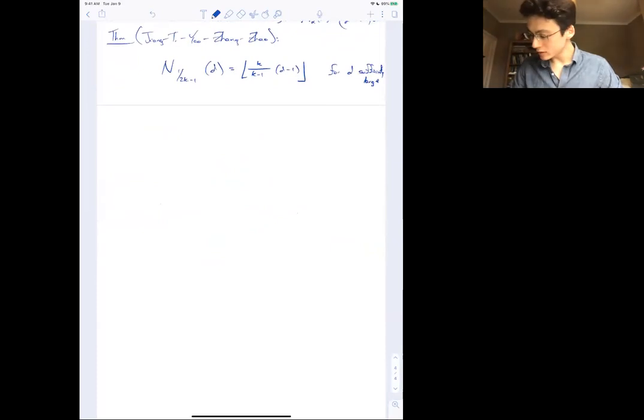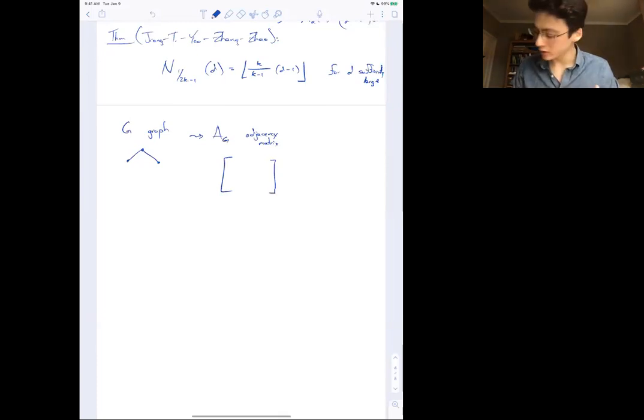Okay, and this is the point in the talk where spectral graph theory is going to start to show up. So I start with some graph G, say the path of length 2. From the graph, we make an adjacency matrix, which I'm always going to denote A sub G. By adjacency matrix, I always mean the 0, 1 matrix of adjacencies, no normalization or something like that.